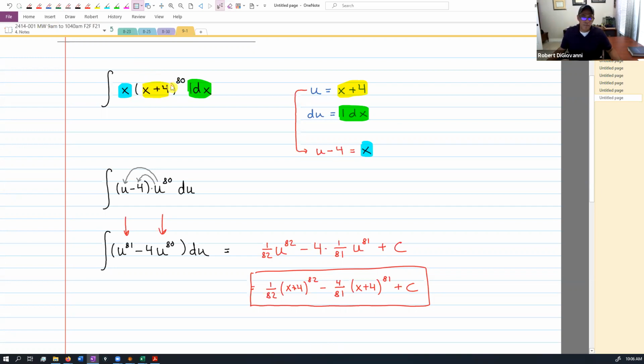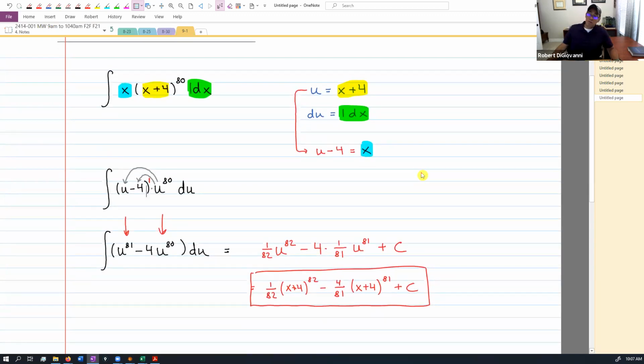But using this really cool substitution, we're able to rewrite the problem and then distribute, because there's no power on that u minus 4, just a power of 1. So we don't have to worry about expanding, and we can distribute the u to the 80th through. It's kind of amazing that the substitution allows us to do the problem.